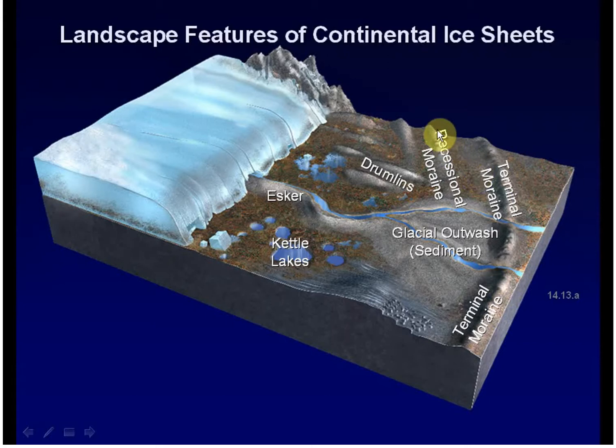We also see a number of recessional moraines, and these are indications of where the ice has moved back and then stopped and dumped more material as a recessional moraine, and then moved back again and done the same thing again.